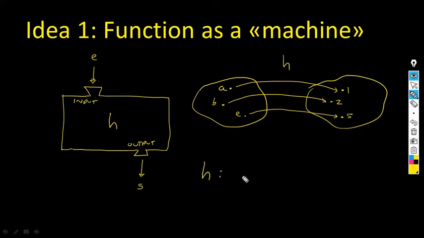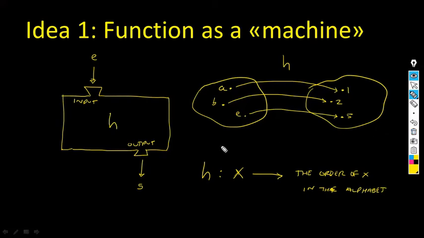So H is taking a letter of the alphabet, that's what this X stands for, and it's giving you as output the order of such a letter in the alphabet. That's what this machine is doing, okay? So these machines not only take numbers as inputs or as outputs, they can take whatever, it doesn't matter.